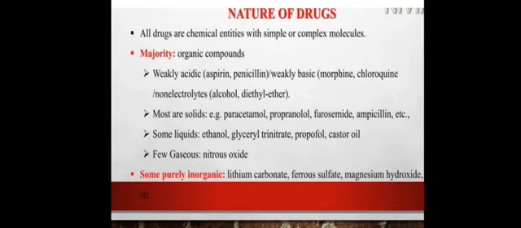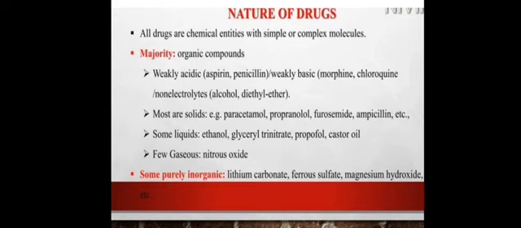Nature of drugs. All drugs are chemical entities with simple or complex molecules. Majority are organic compounds, weakly acidic, weakly basic, or non-electrolytes. Weakly acidic, for example aspirin or penicillin; weakly basic, morphine and chloroquine; and non-electrolytes, alcohol or diethyl ether.